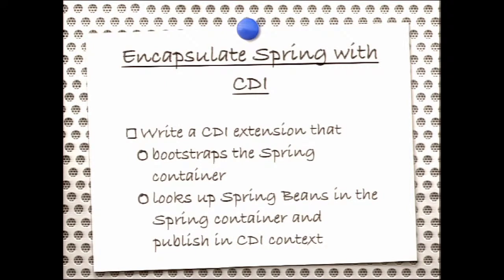So we're going to write a CDI extension that gets activated when the container starts, and we're going to bootstrap the Spring container, like you would normally do when you start your war file in your servlet container. So we bootstrap the Spring container, and then we ask the Spring container, give me all the beans that you have, and I will republish them as CDI beans, so that the CDI container actually contains references to Spring beans.